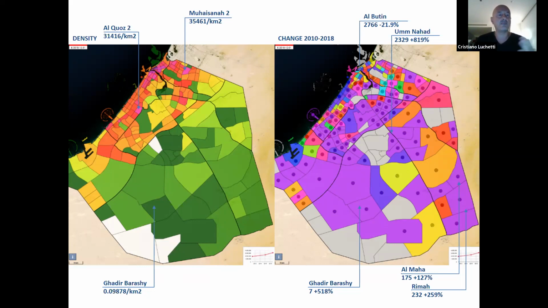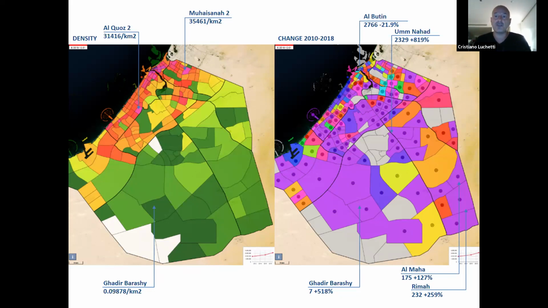As you can see, there are more than 30,000 people per square kilometer, and you move out into the desert, you will see that in Ghadeer Barashi, and sorry for butchering all these names, you will find 0.09878 persons per square kilometer. So the density is completely different than an urban, than a desert, countryside European side, let's say.